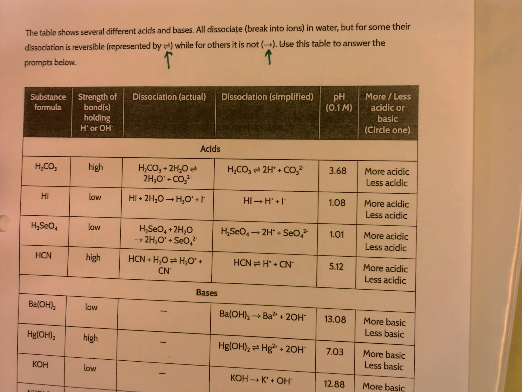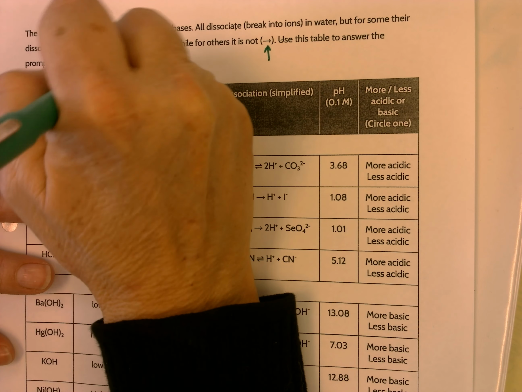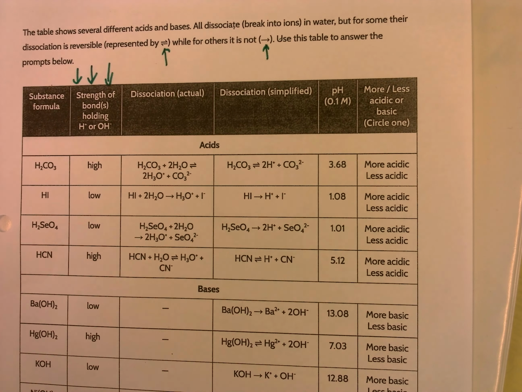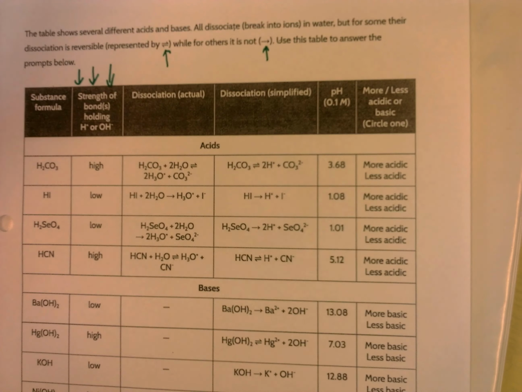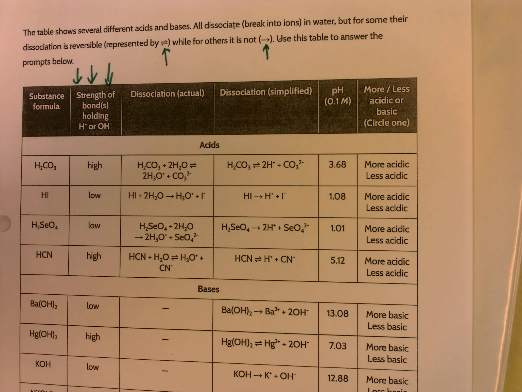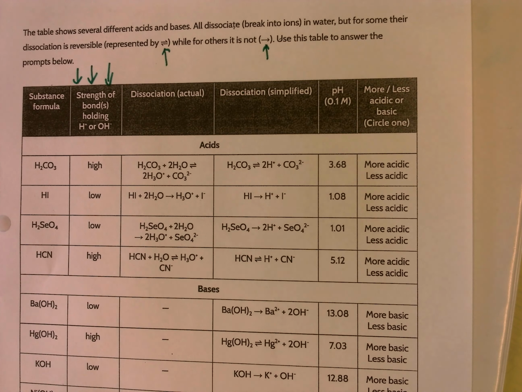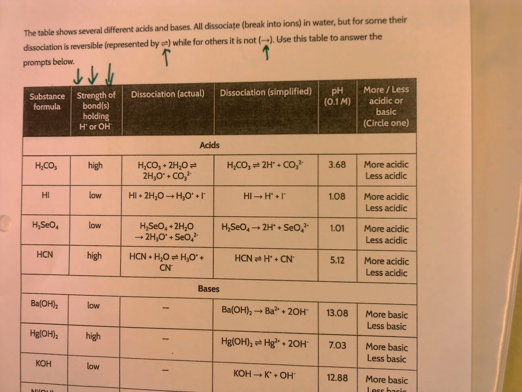So what I want to focus on before we head into the table is right here: the strength of bonds holding the hydrogen or the hydroxide. Now, if it's a high strength of bond holding the hydrogen, then that hydrogen will not be released that easily, because the bond holding it is really strong. And if that's the case, then the acid won't really be produced.